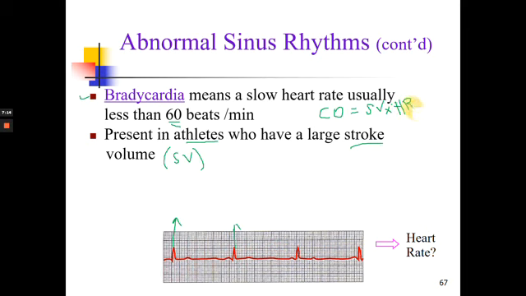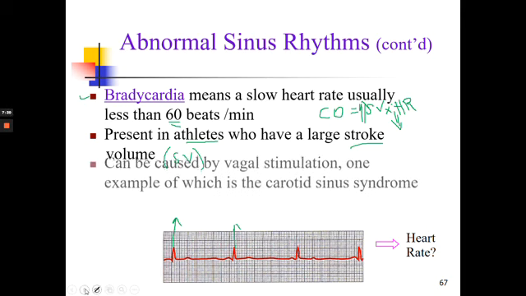Since athletes have a very high stroke volume, to have the same cardiac output they have a lower heart rate. So they might have a lower heart rate, but this is normal for these people.